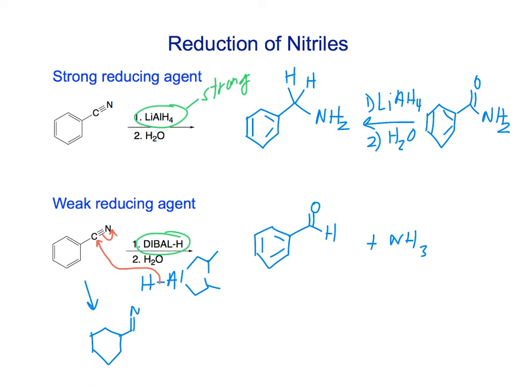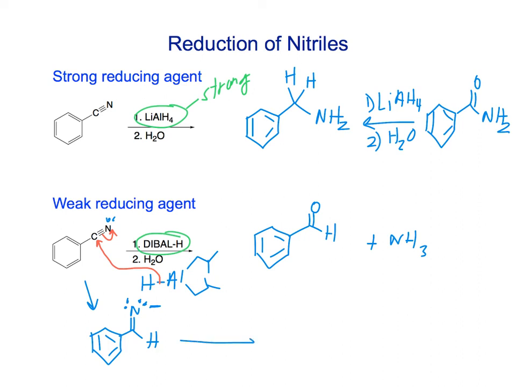We already had 1 non-bonding pair of electrons on the nitrogen, so now we have 2, and the nitrogen has a minus charge. And we've added a hydrogen there. Essentially it's just going to stop here with the DIBAL. It's not going to reduce any further. It's just going to stop.